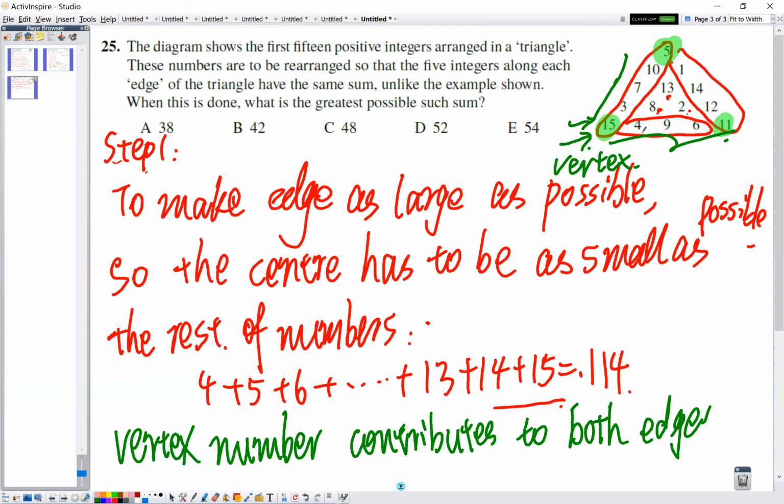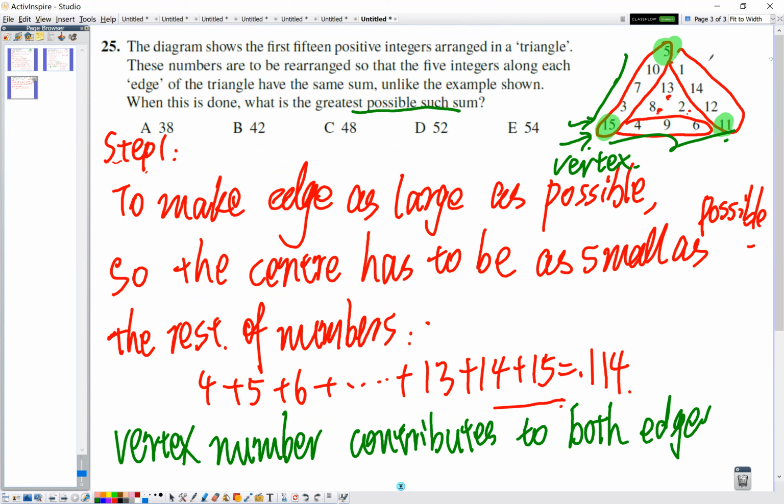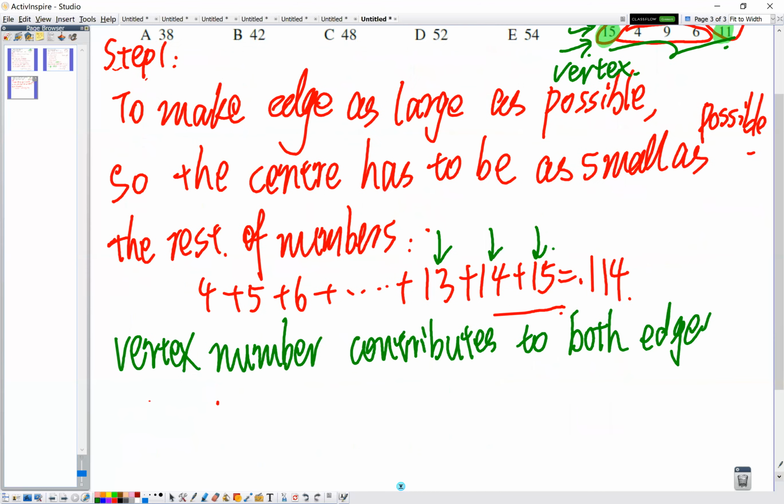So what does it mean? Because these numbers have been counted twice, you want to get the answer as great as possible. So for the 3 corners, it is better to use the largest 3 numbers, say 13, 14, 15.